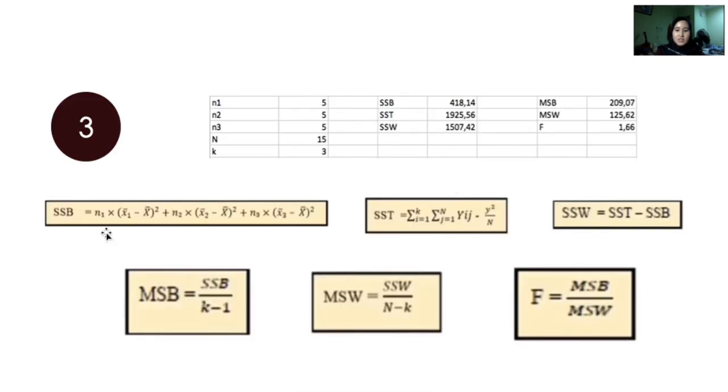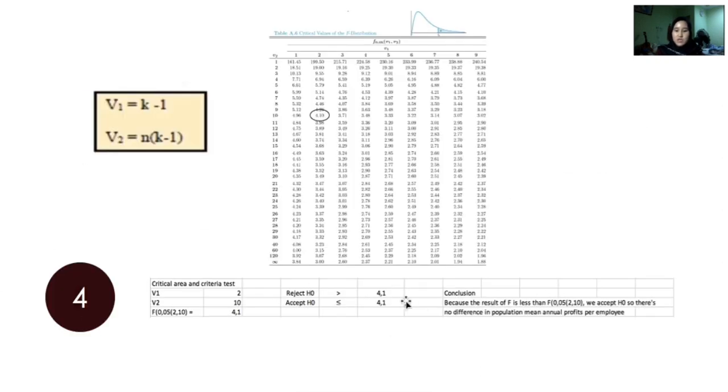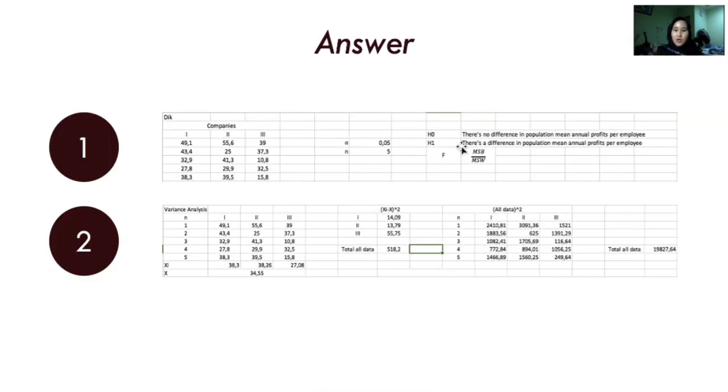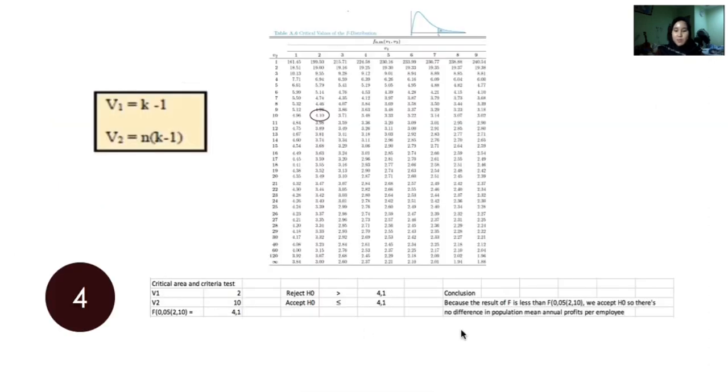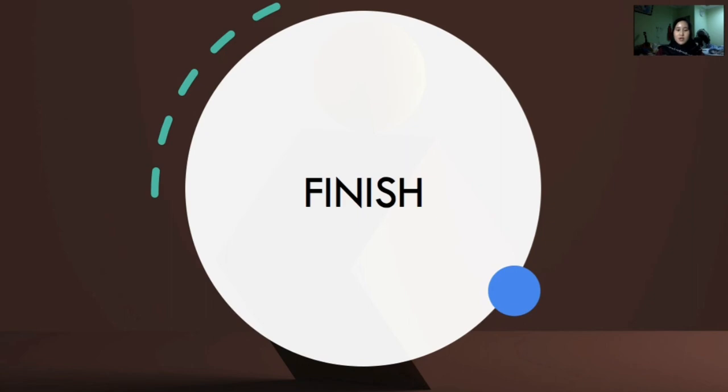So because the result is 1.66, which means that the result is less than 4.1, then we have to accept H0, so there is no difference in population mean annual profits per employee. So that's it for number 1, and finish.